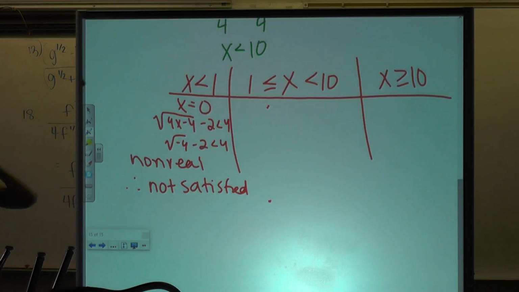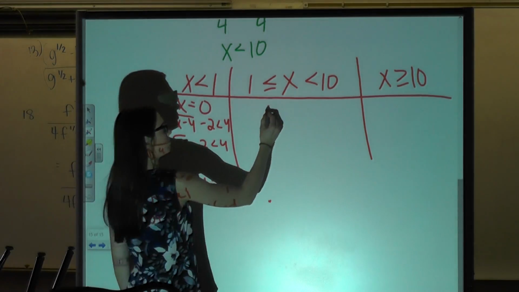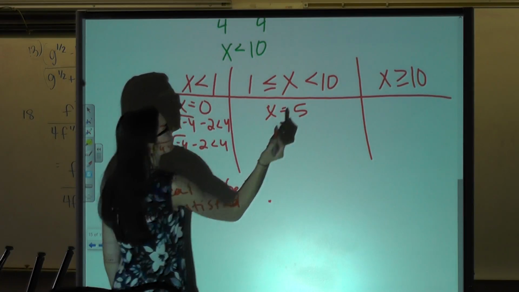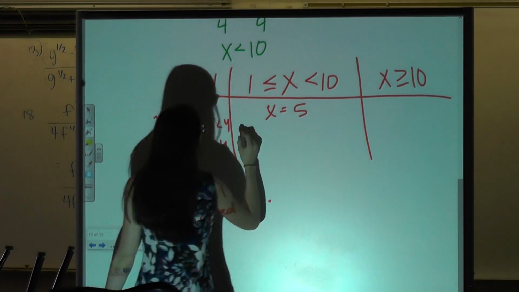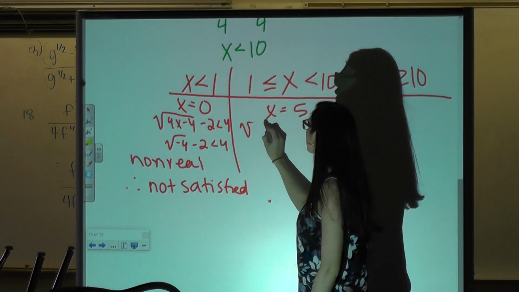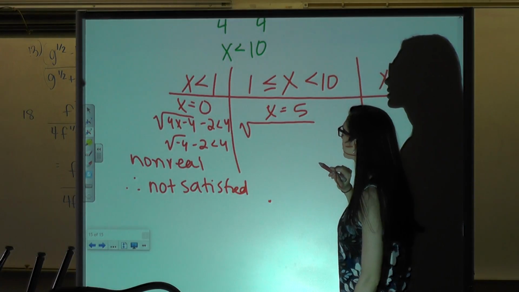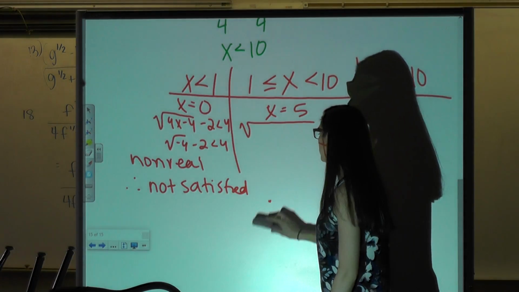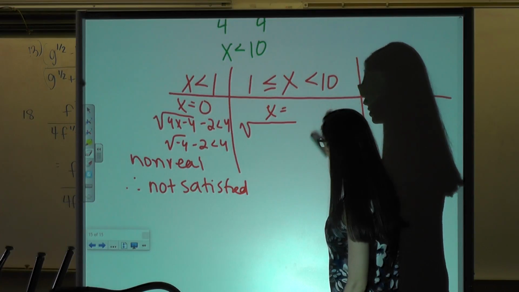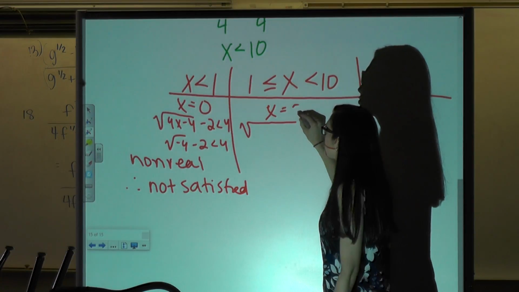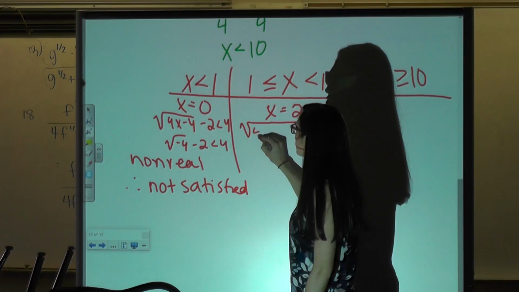Pick a number from 1 through 10. 5. Actually, I'm going to pick 2, just because it's smaller. If you choose 5, it's fine.